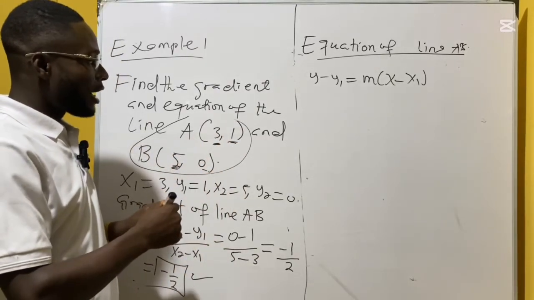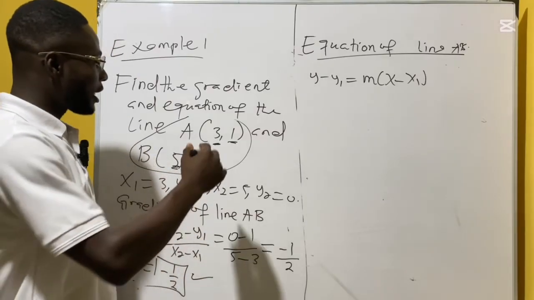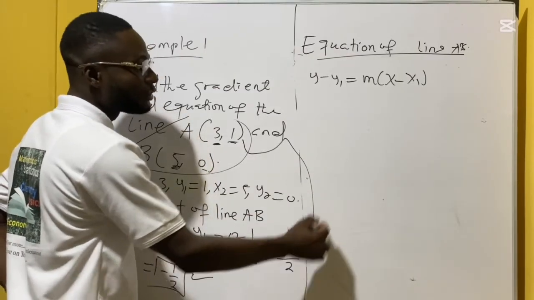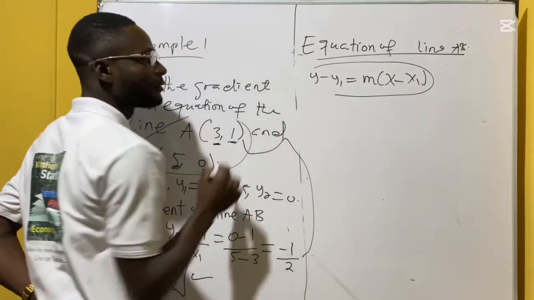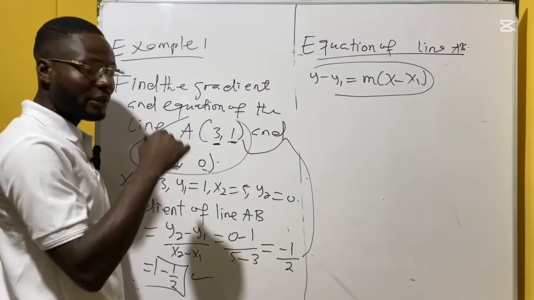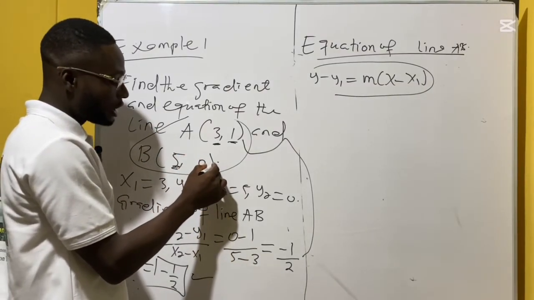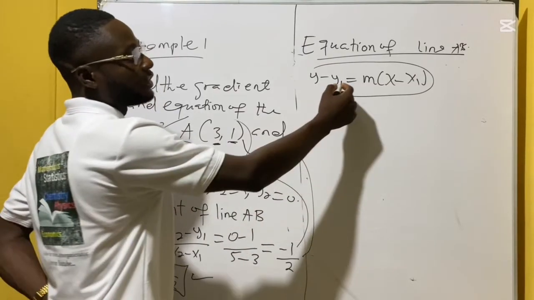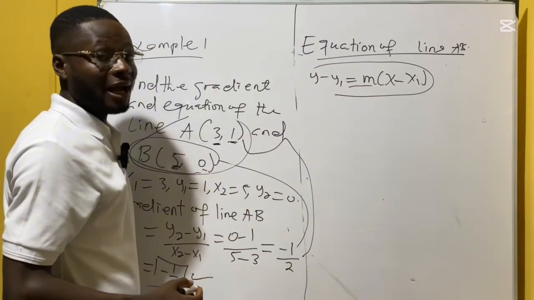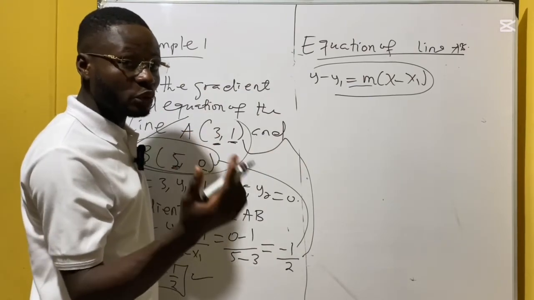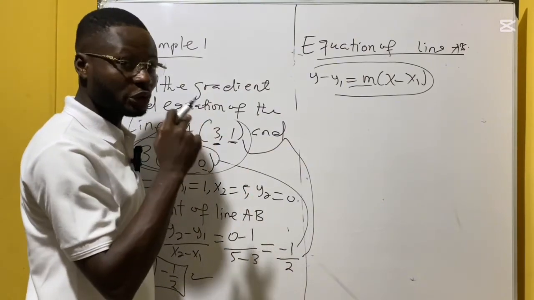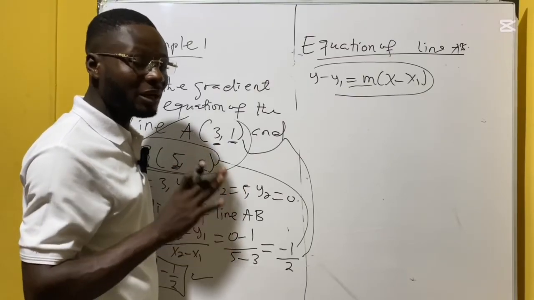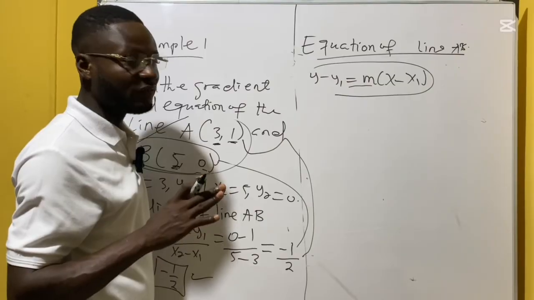One person can choose point A together with the gradient to find the equation of this line, and another person can choose point B together with the gradient to find the equation of this line. And these two individuals must result in the same equation of a line. You must have the same equation of a line, right?